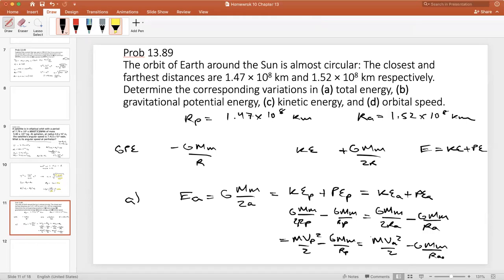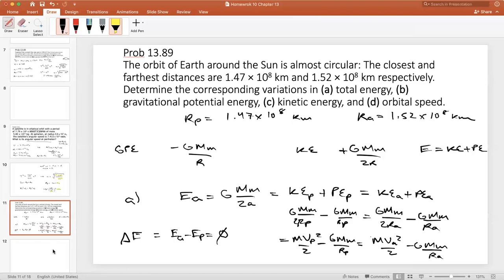It's messy, but assuming that the energy is the same, what is the change of energy from A to P? That's just the energy at A minus the energy at P, but since they're equal, it's 0. By conservation of energy, you know that answer A is 0.